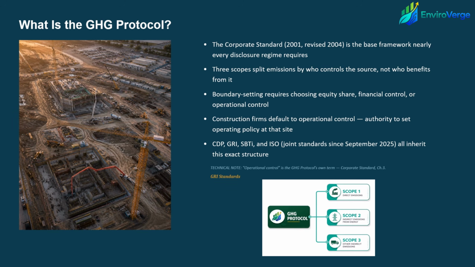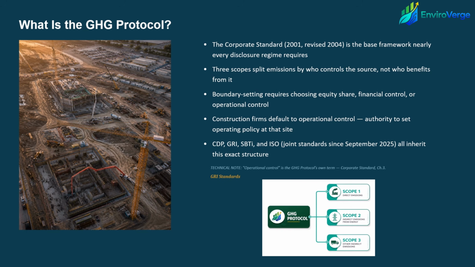The GHG Protocol's corporate standard, published in 2001, revised in 2004, is the base nearly every disclosure regime requires. It splits emissions into 3 scopes by who controls the source, not who benefits from it. You'll choose one of 3 boundary approaches: equity share, financial control, or operational control.